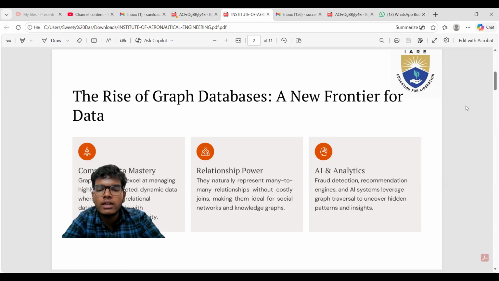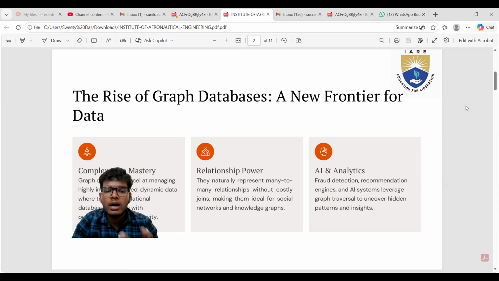This is exactly why things like recommendation engines and fraud detection systems use them to find hidden patterns. Complex data mastery. Graph databases excel at managing highly interconnected dynamic data, where relational databases struggle with performance and complexity.